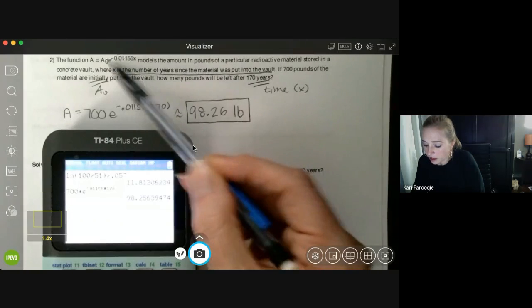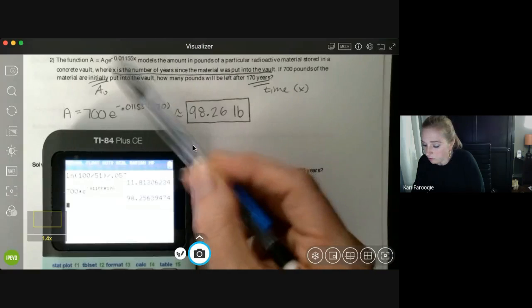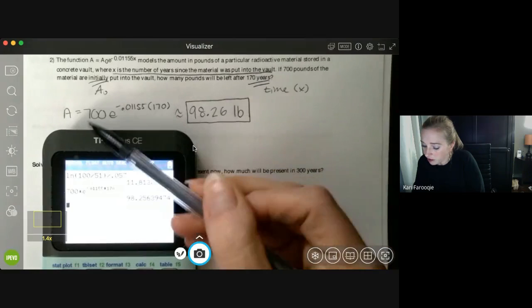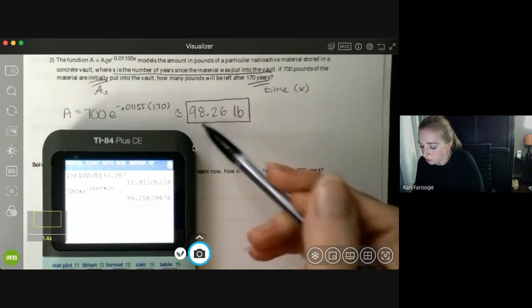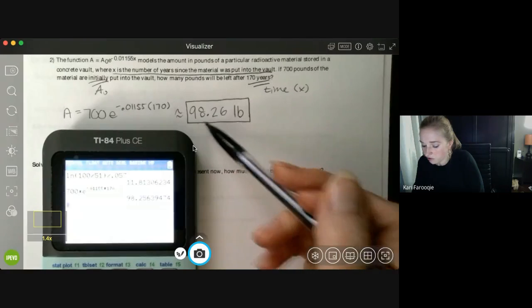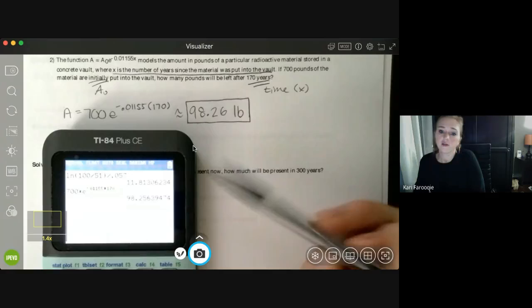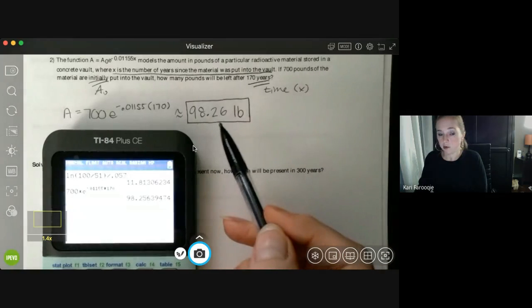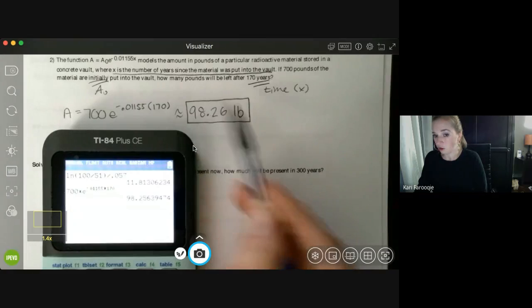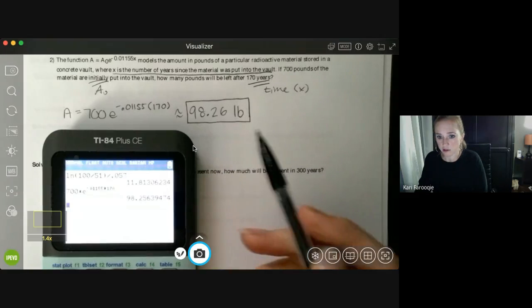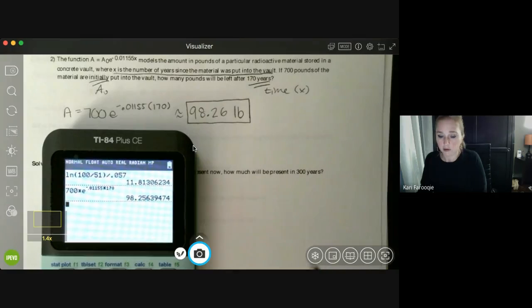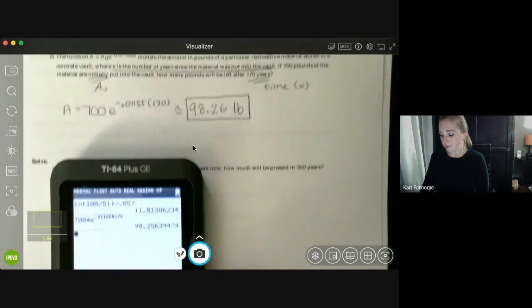So because K, that decay constant, is negative, that tells you that this is going to be getting smaller. So you've taken now the 700 pounds and reduced it over 170 years down to 98.26 pounds. So really you just want to make sure that if it's some sort of a decay, that you're actually being shown that the value is decaying and a value that makes sense. Obviously it can't be negative. So just be careful about that.